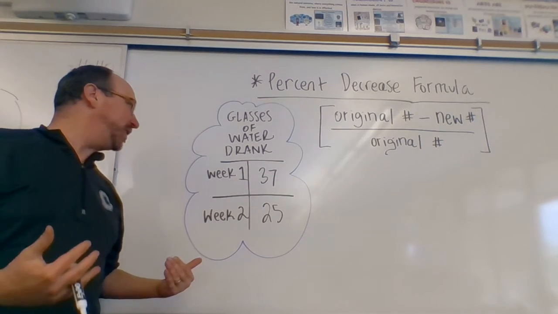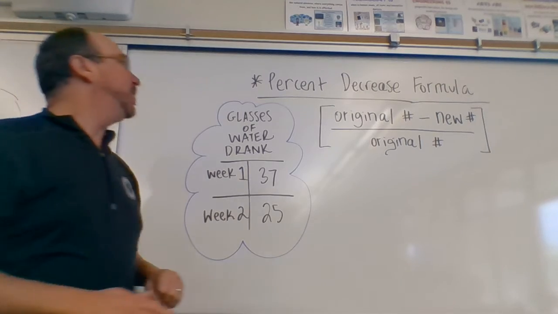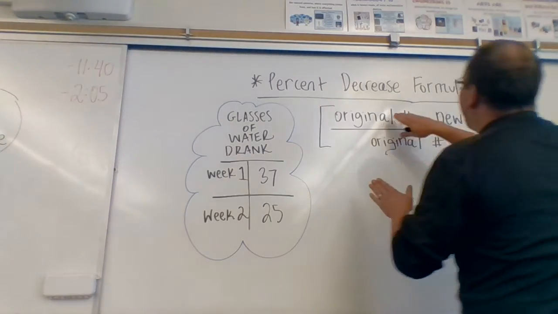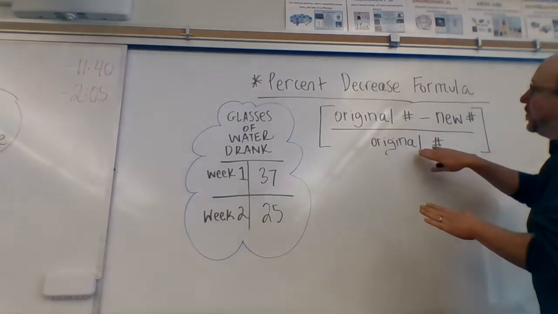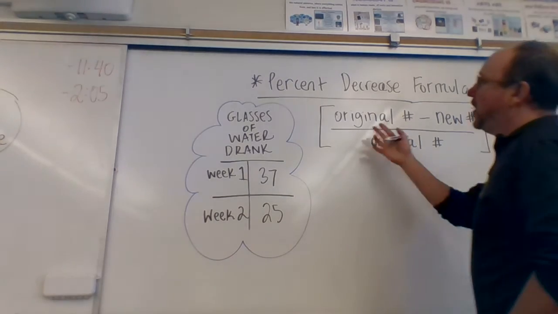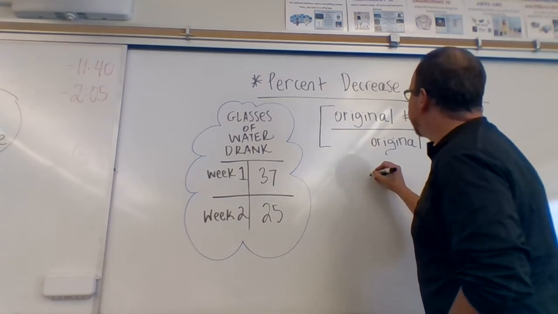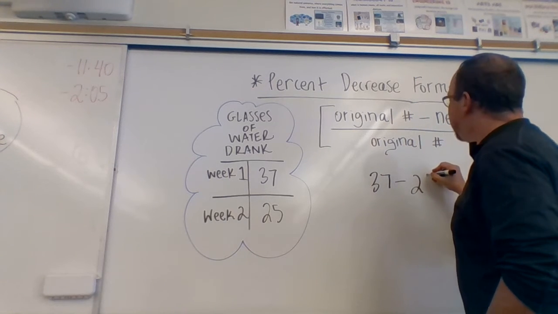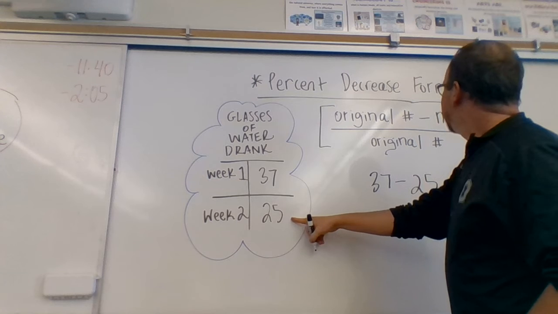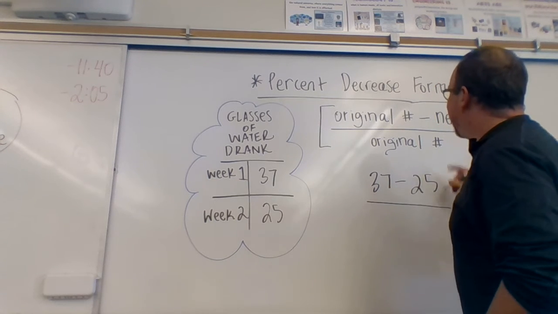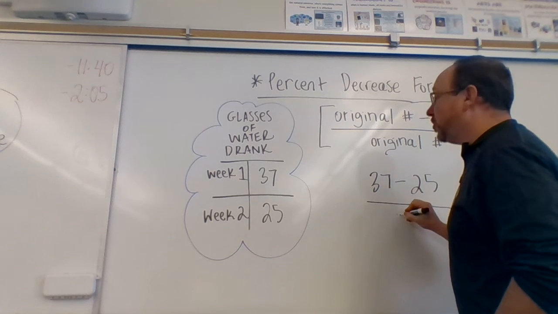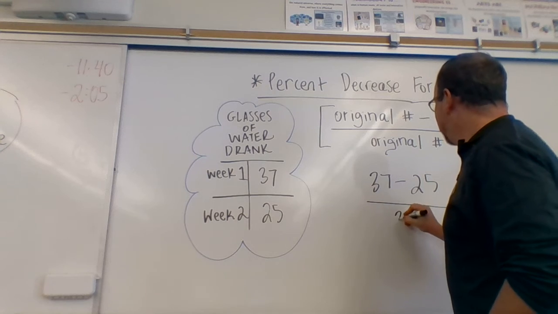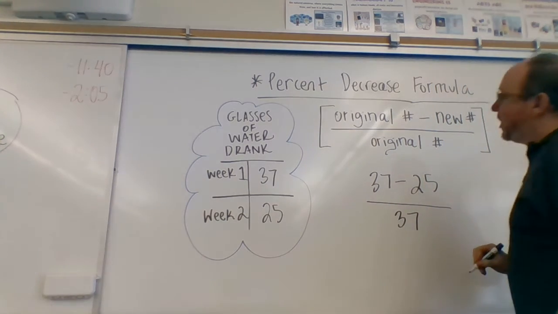This is a decrease. So our formula is original value, take away the new value, divide by the original value. So original value, week 1 was 37. Subtract the new value, which was 25, divide by the original value, and the original value was 37.